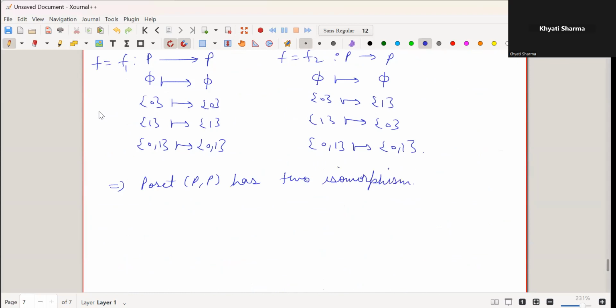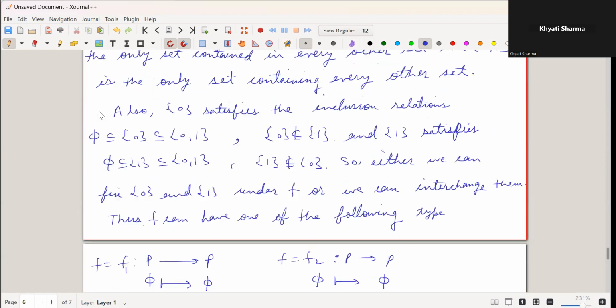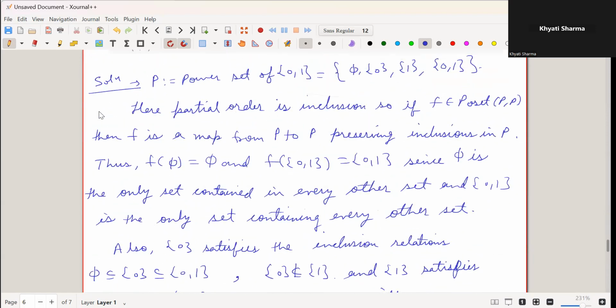Okay, these are the two isomorphisms that f must have.